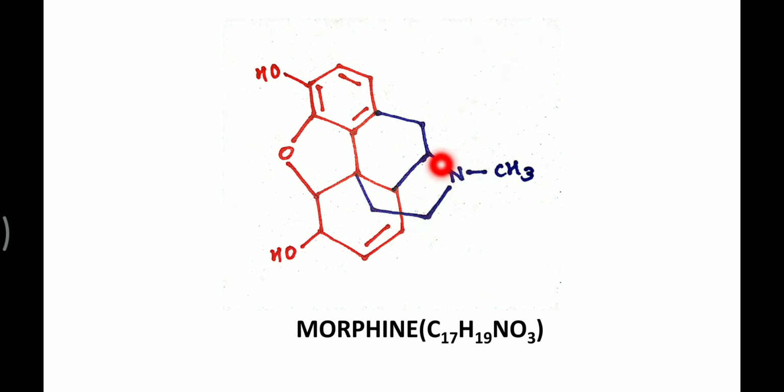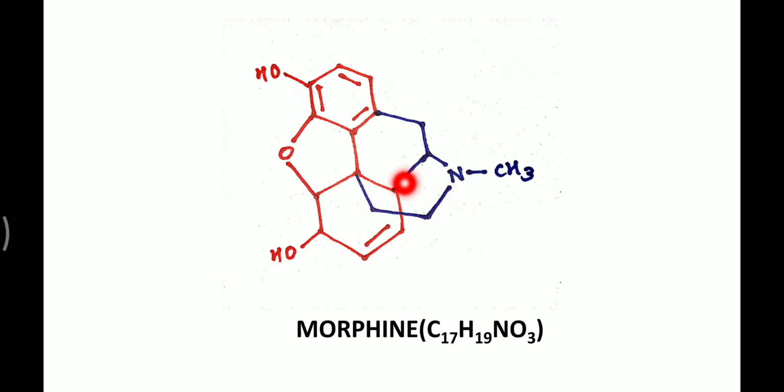So totally this ring size, including this red line, if you count 1, 2, 3, 4, 5, 6, is a 6 membered ring. So 1, 2, 3, 4, 5 edges are in blue color and the sixth one is in red color. So you should know the ring number also here. You should not miss the bond.